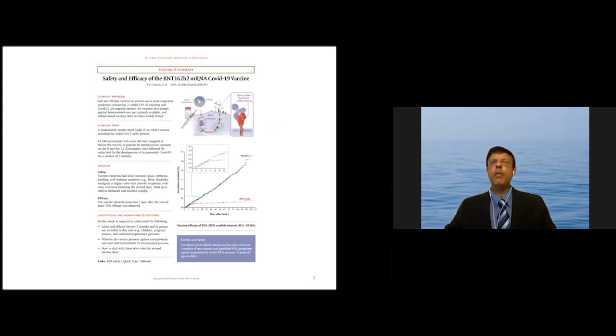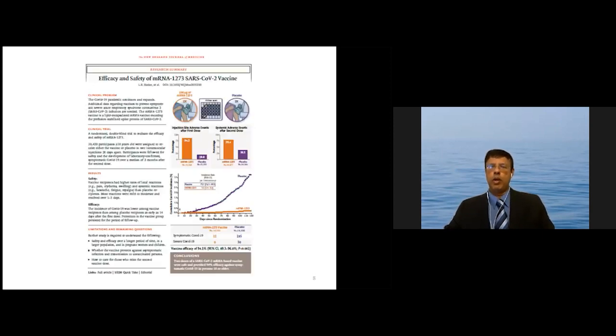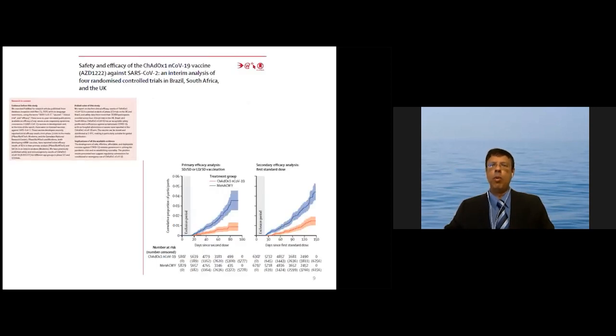Now we know the vaccines are efficacious. These were the studies that have been published in big important journals: the Pfizer vaccine, the Moderna vaccine, and the AstraZeneca Oxford vaccine. All were beneficial and efficacious.